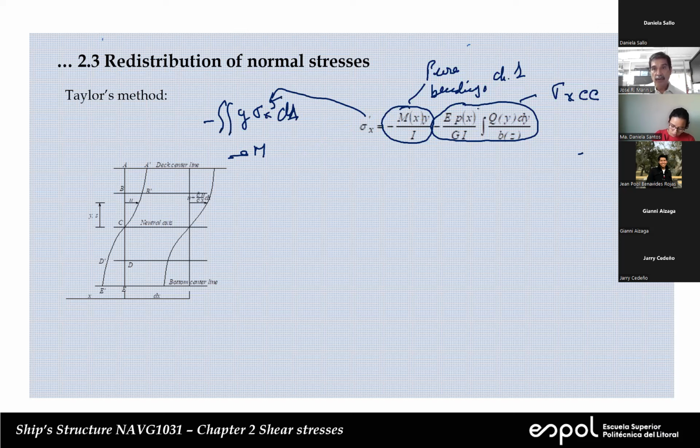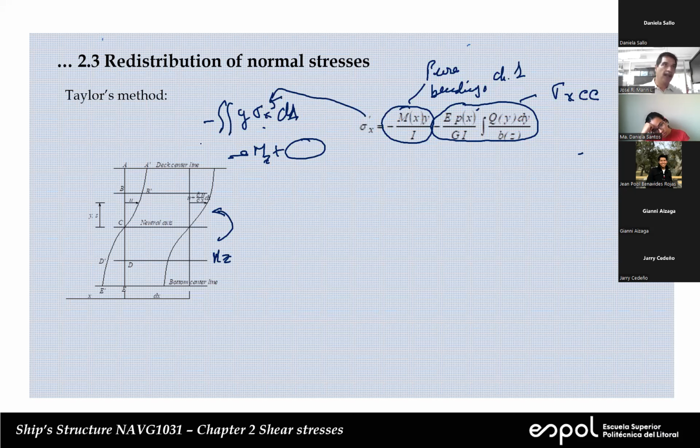But if you put also this in here, you integrate and obtain something different. And the problem is that you have to have the moment here because that's what you need for equilibrium. So this thing here is causing us some disequilibrium, imbalance in moment. So we need to do something, okay?